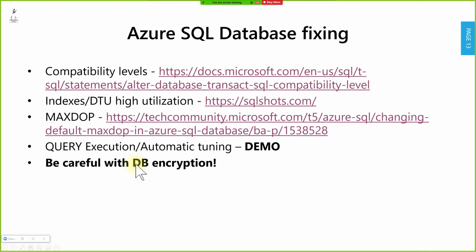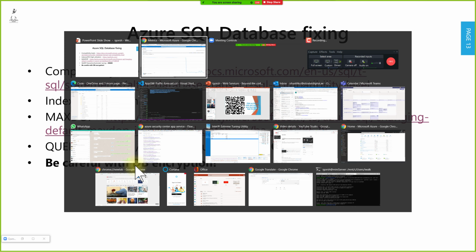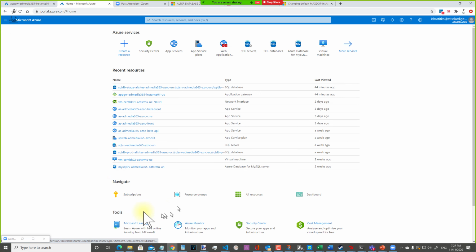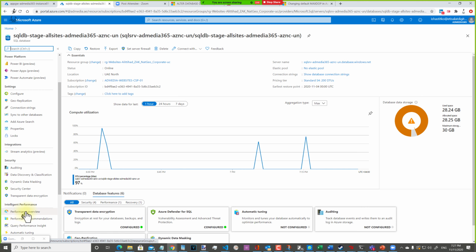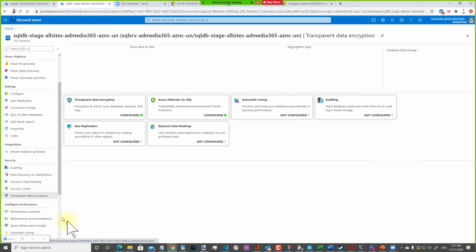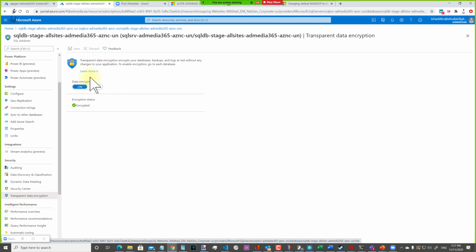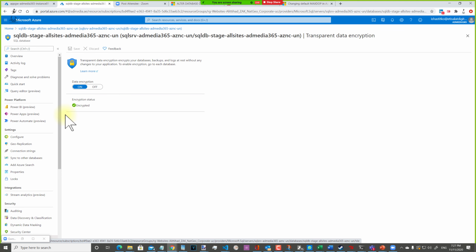If you are using the DB encryption for the migration, please decrypt the database before, encrypt after, and after that you will be able to encrypt your database with additional key vaults. But you need to understand that if you lose your key vault, you will lose your database and the data.